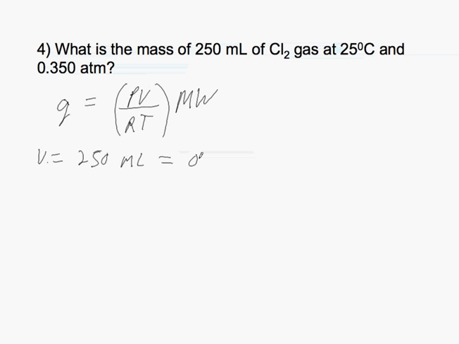So this has to be 0.250 liters. Our temperature is equal to 25 degrees Celsius plus 273, which would be equal to 298 Kelvin.